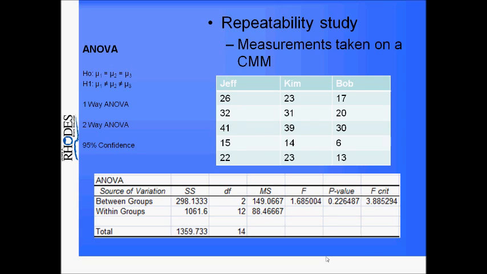So 0.05 compared to the 0.22, there is no evidence to suggest that these operators are measuring the parts differently. Okay, so we would fail to reject the null hypothesis.